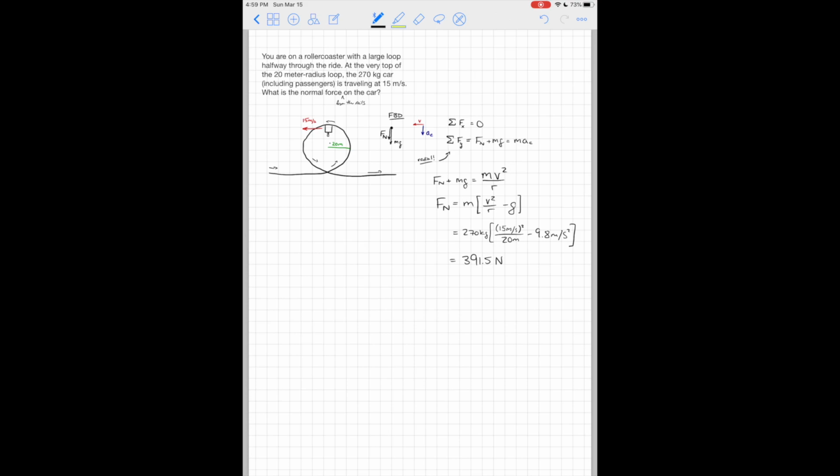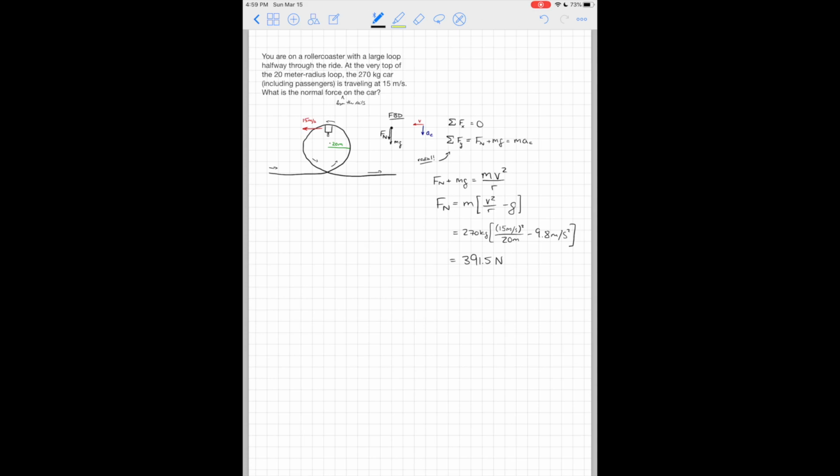And we already said that if it was a negative number, my original assumption was wrong, and the normal force would have pointed up. But if we got a positive number, then our assumption was correct, and our normal force actually does point down. And that is exactly what we're seeing here.